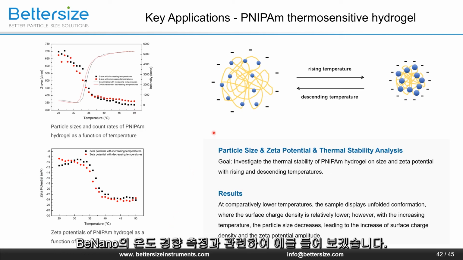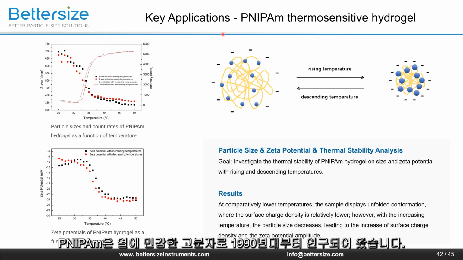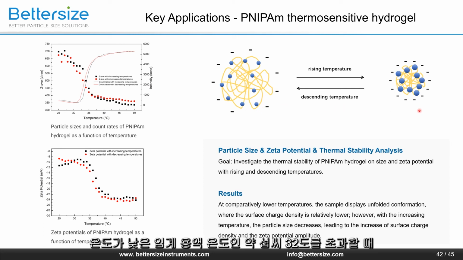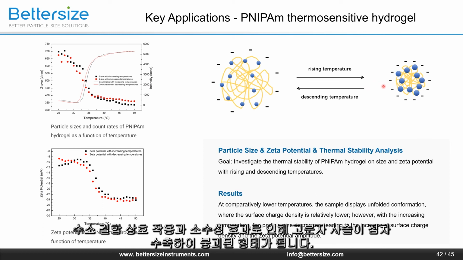Regarding the temperature trend measurement of the BeNano, I would like to give an example. NIPAM is a thermosensitive polymer which has been studied since the 1990s. It shows a phase transition due to temperature variation. When the temperature exceeds the lower critical solution temperature, around 32 Celsius degrees, the polymer chains gradually shrink to a collapsed conformation because of hydrogen bond interaction and hydrophobic effect.